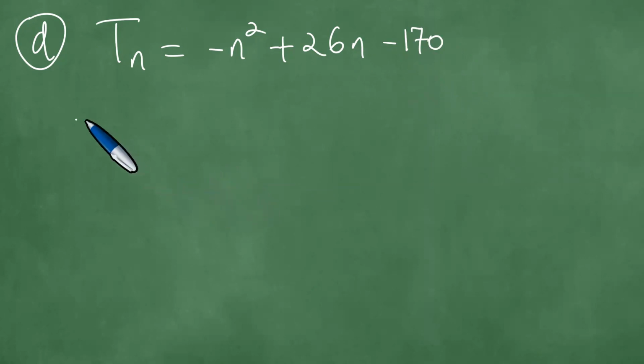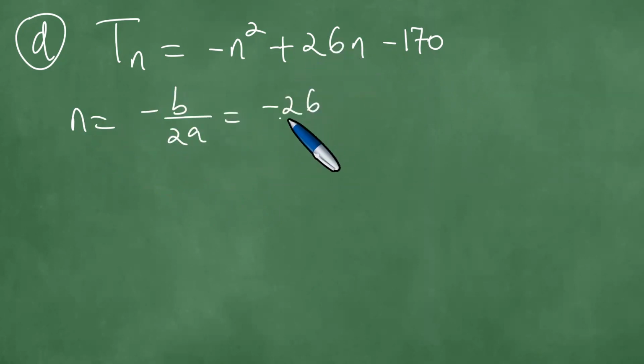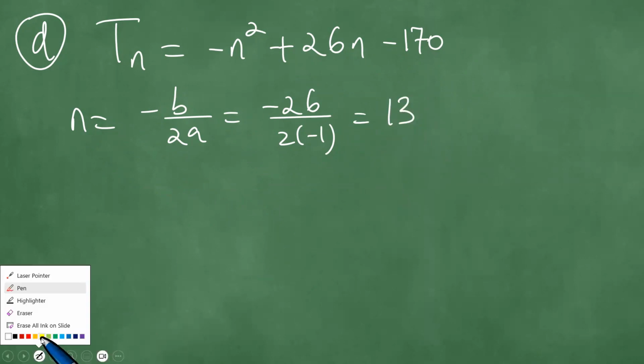Which means, therefore, that n is minus b over twice a. The minus b, which is minus 26, over twice into this, is exactly 13.